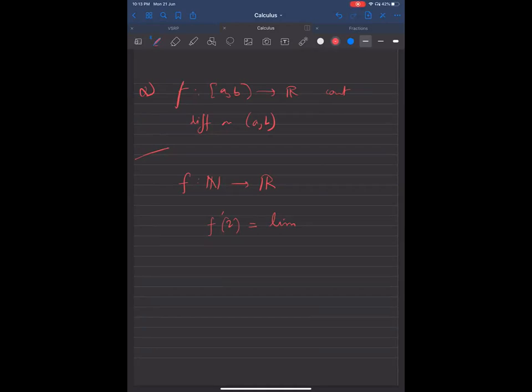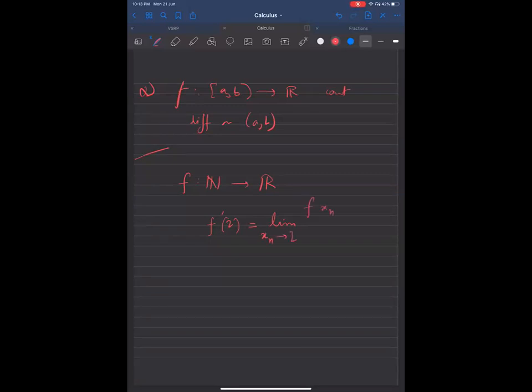But what do you mean by immediately to the left? We can come from the left hand side continuously, but from the set of natural numbers we can't come continuously to the number 2, or from the right also. So what we need is a sequence of numbers converging to 2.